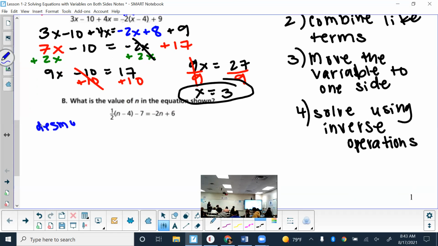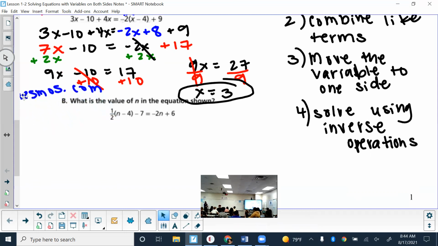Desmos is the one you're allowed to use on the quiz. Desmos.com, DESMOS.com. We're going to practice multiplying fractions. So first step is always to do what?